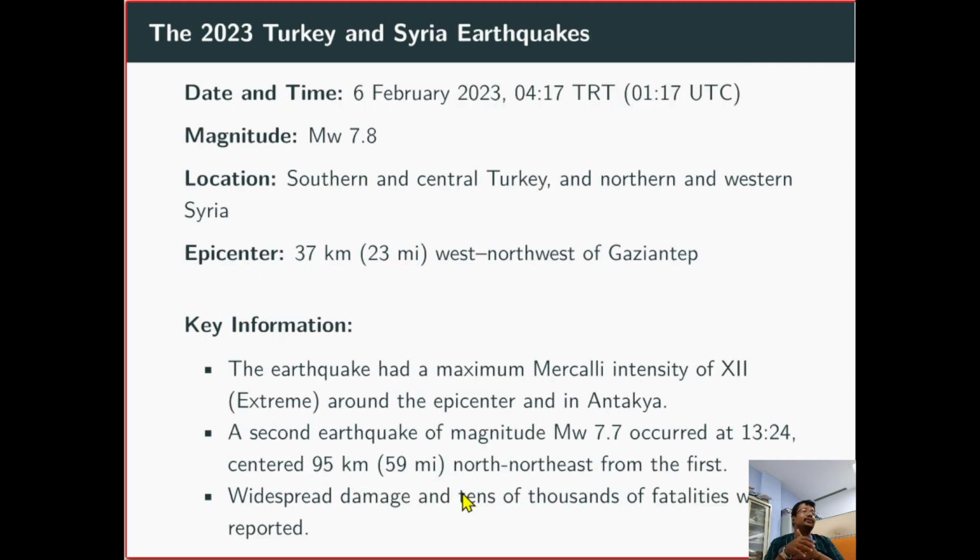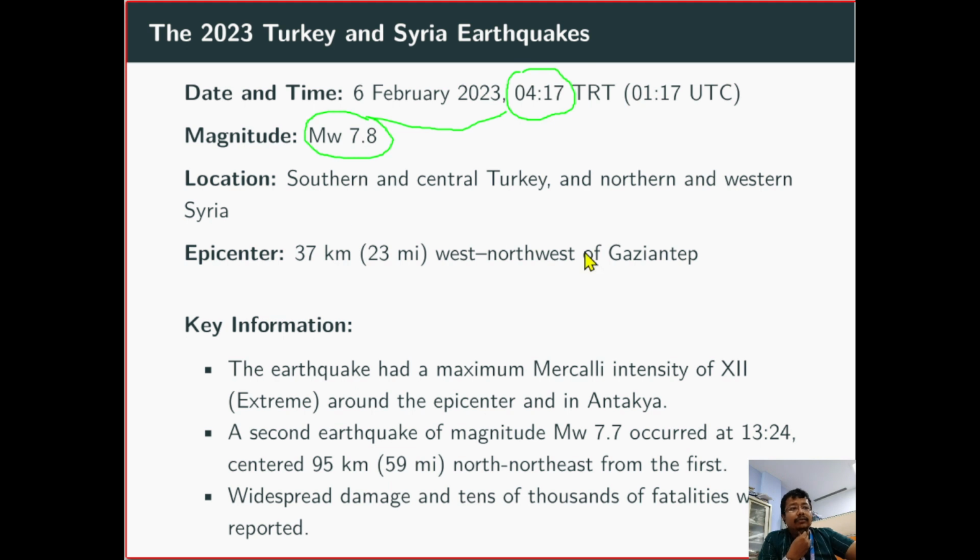Now let's go through the latest earthquake which I was discussing with you. It was on 6th of February 2023, and it happened at 4:17 Turkey time, and the magnitude was 7.8.